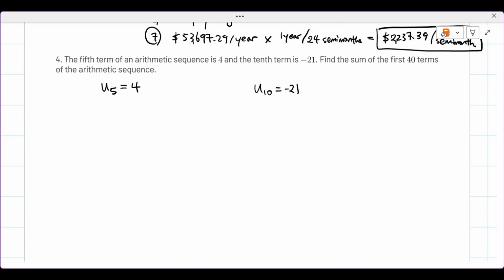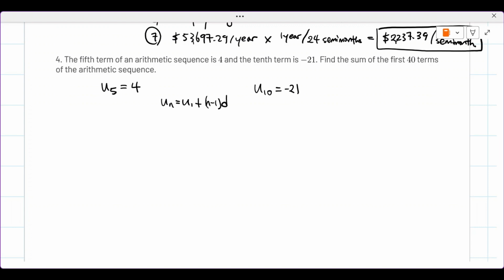Now I'm going to use this information to find the general term of the arithmetic sequence. More importantly, I want to find the common difference and the value of the first term. We can use the general term formula: un is equal to u1 plus n minus 1 times d.